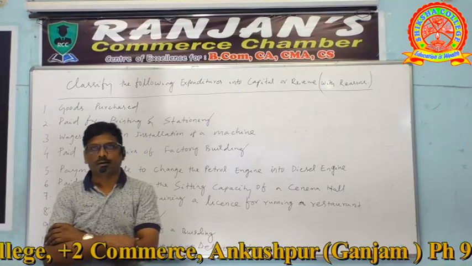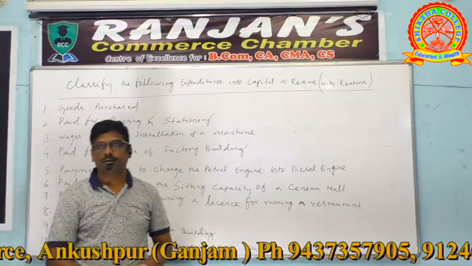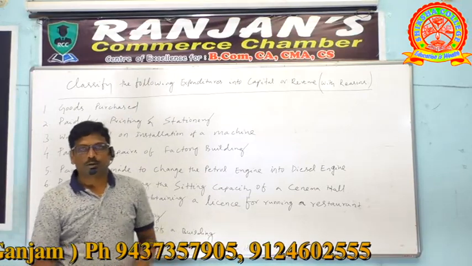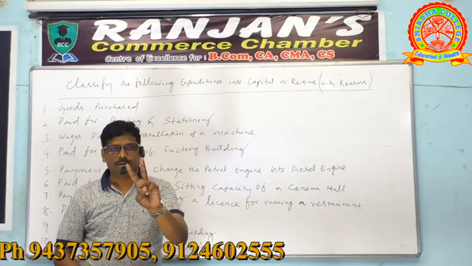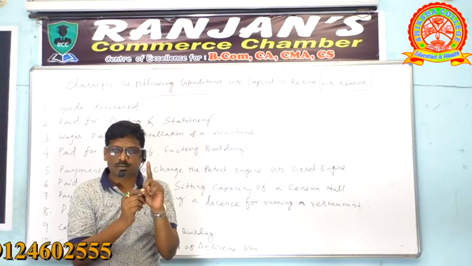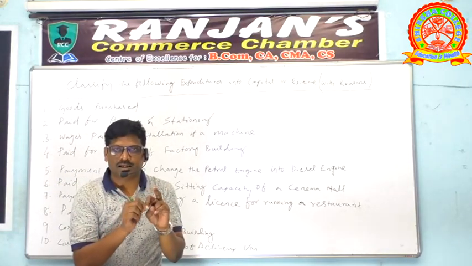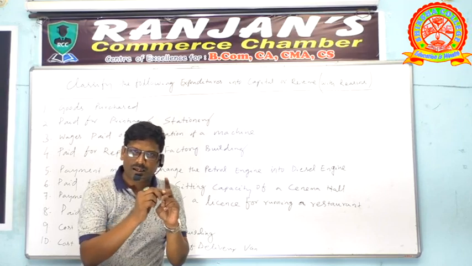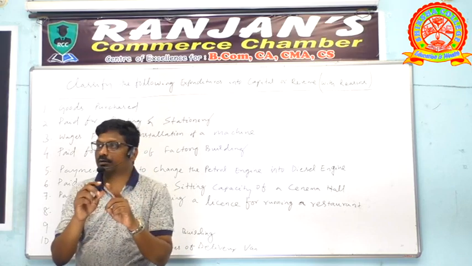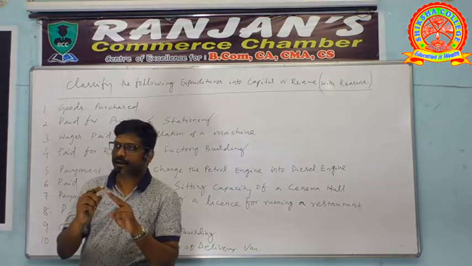Friends, already we have discussed and noted that 2 types of expenditures are in the nature of capital: acquisition of a fixed asset, that is, purchase of a new fixed asset, and addition to the existing fixed assets. These 2 expenditures are of capital in nature.